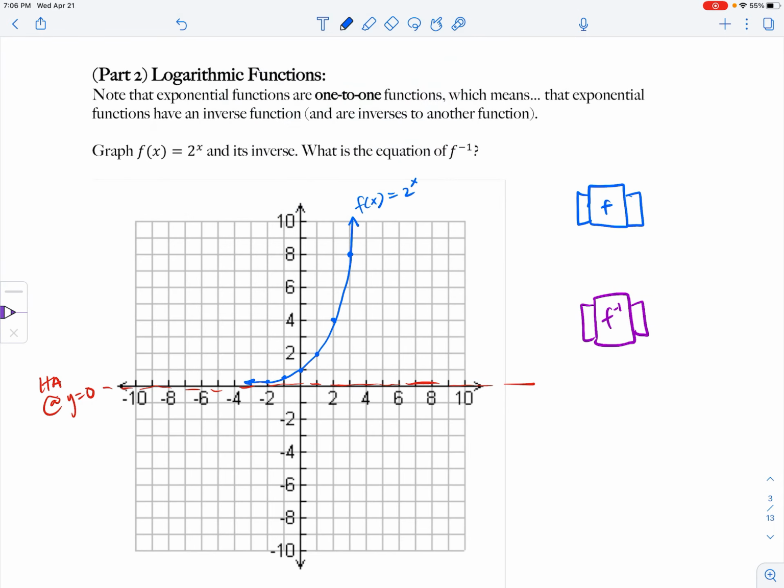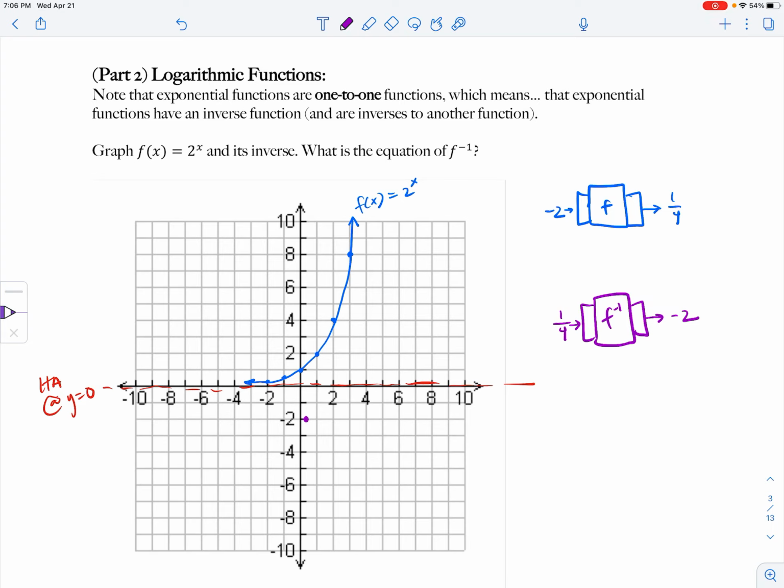So if we were to take negative 2 and input it into f, we said that the output was 1/4. So that means that if we were to take 1/4 and input it into f inverse, we would get an output of negative 2. So the point 1/4, negative 2 lies on the graph of f inverse.